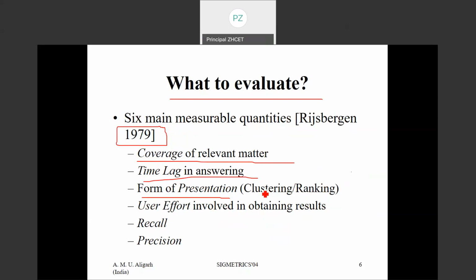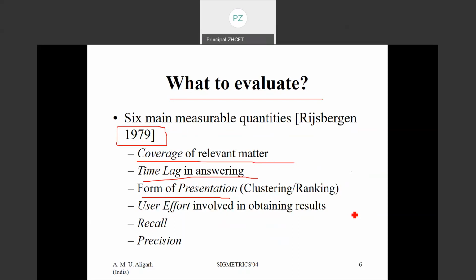Again, recall I gave you the importance of clustering the search results in the case of semantically ambiguous words like cricket, which is a sport and also an insect. So I need to cluster them. If I cluster them, the presentation improves. So the form of presentation may also be a criterion for evaluation of a website.